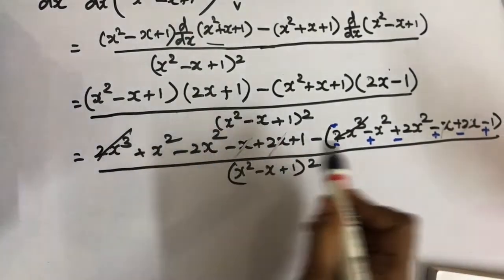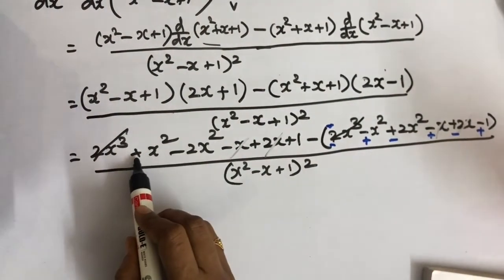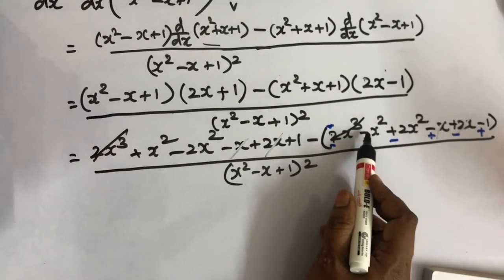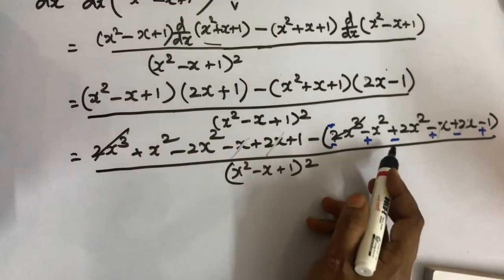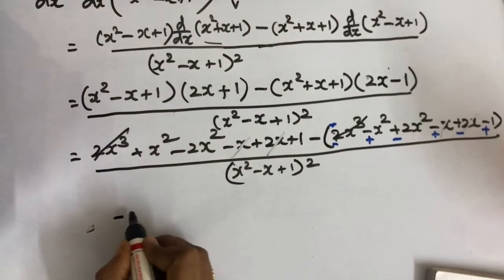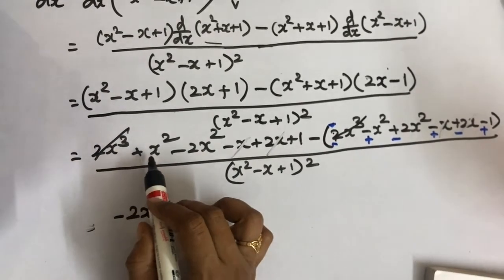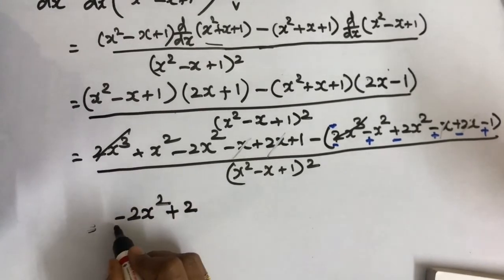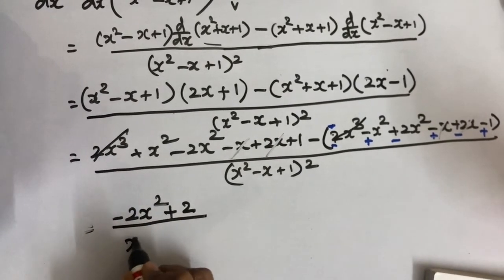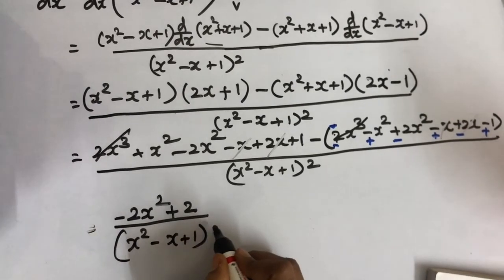So minus 2x square minus 2x square, minus 4x square. Here plus x square plus x square. So plus 2x square. So plus 2x square or minus 2x square cancel. We have minus 2x square, and then plus 1, that is plus 2, divided by x square minus x plus 1 the whole square.